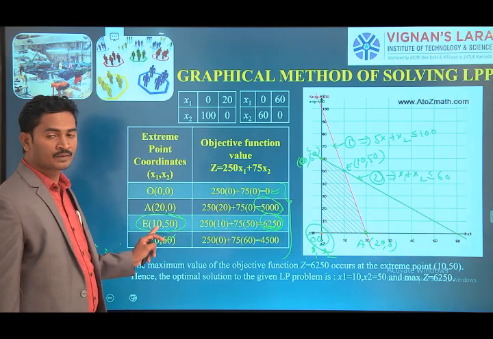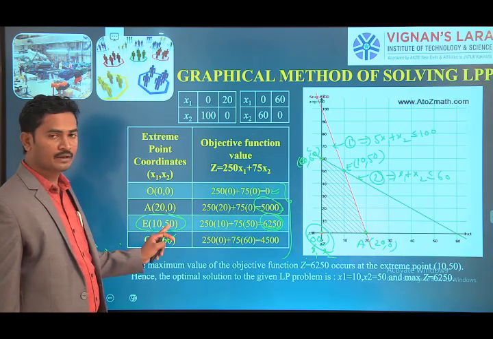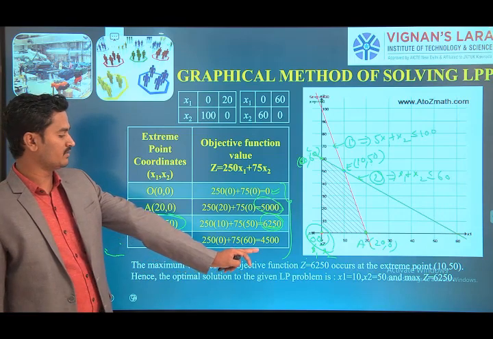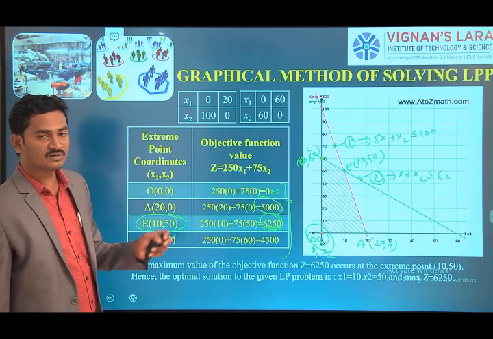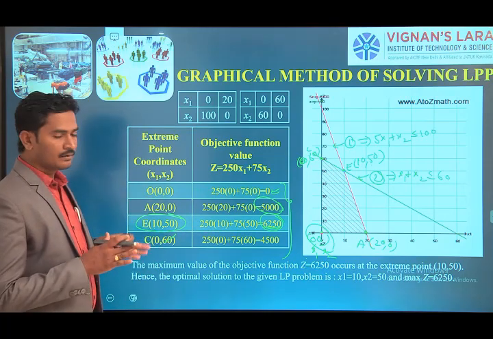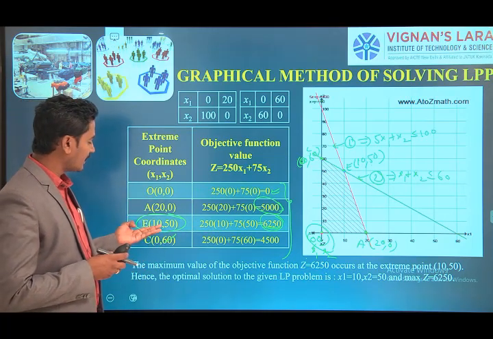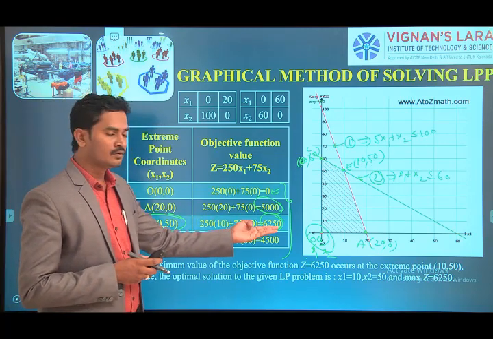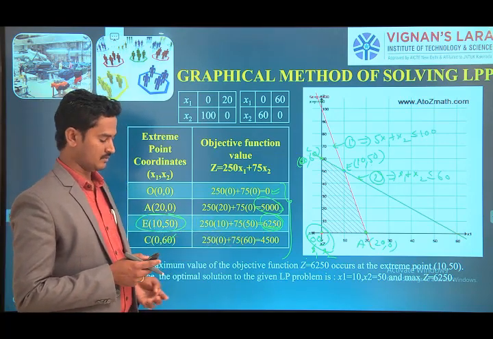What is the 10? Number of tables, and 50 is the number of chairs. Hence the optimal solution to the given LP problem is 6250. After selling the 10 tables and 50 chairs, he is going to get 6250 rupees profit.